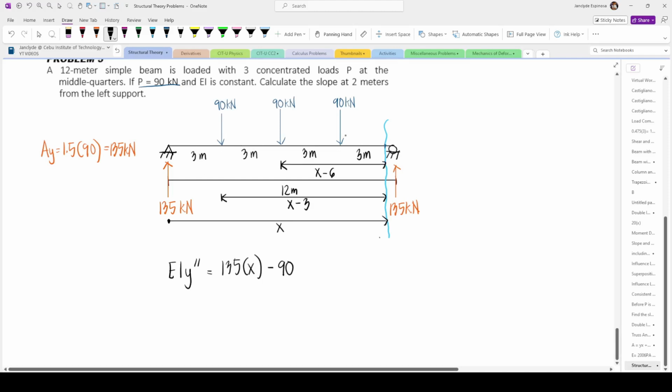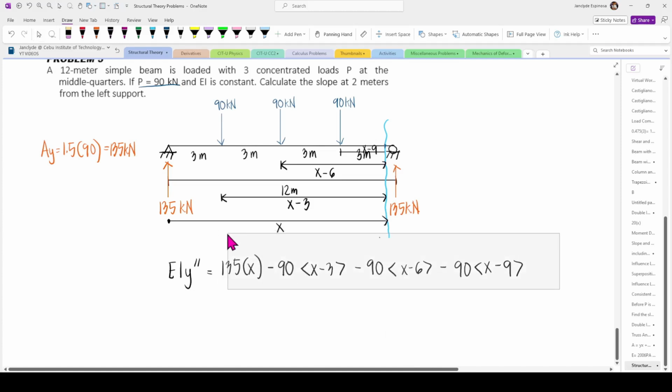And then for this final load, this is x minus 9. So, 90 times, again, we have to use pointed brackets para maiwasan natin maging negative yung nasa loob. So, 90 times x minus 3 and then minus 90 times x minus 6 and then minus another 90 but multiplied by x minus 9. So this is now our moment equation.